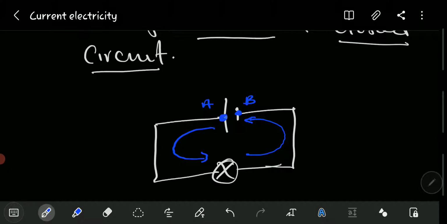From point A up to point B, this charge moves from one point of the battery round the circuit and back to the battery.